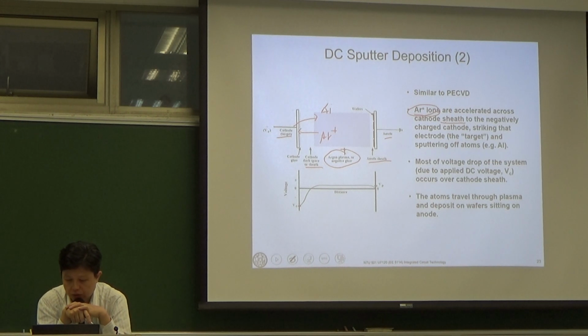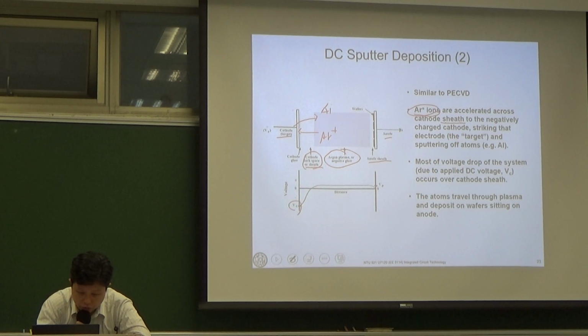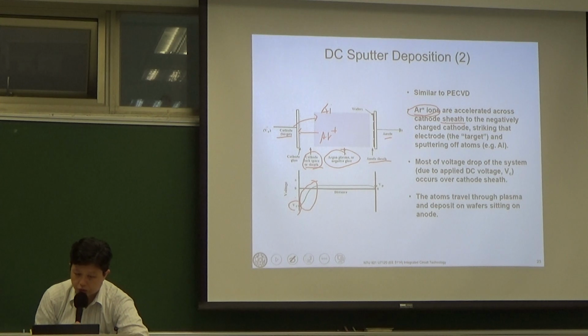Here, because it's like a depletion region, most of the voltage drops. If you apply this voltage, we have a voltage drop across these regions, and also at these anode sheath regions.